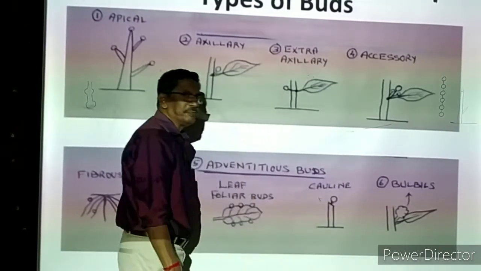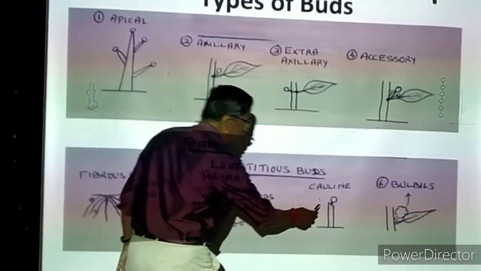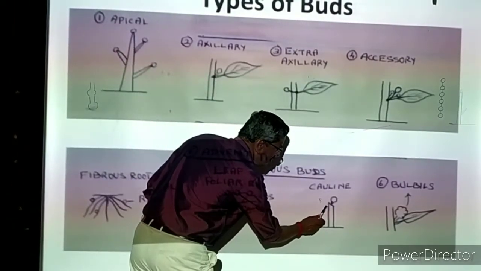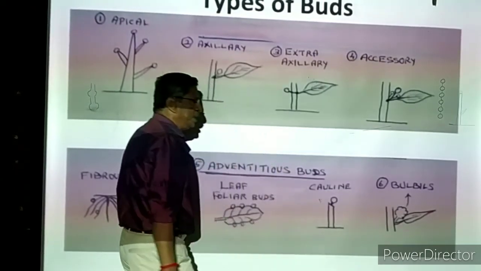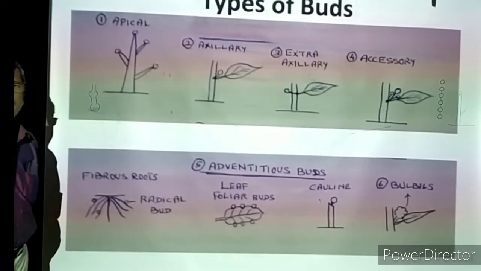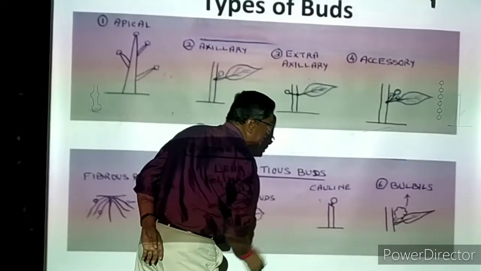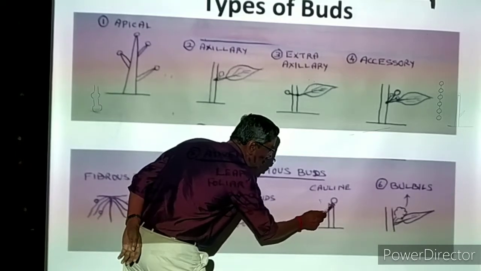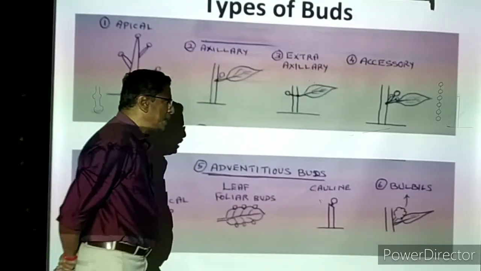This is half of the stem or even 1/3 of the stem. Okay, one stump is there. This is the stump line. But after some time, in some plants, from the cut portion one bud will be growing. From the cut portion one new bud will be growing. But this does not happen in all plants, only in some plants. Such a bud which grows from the cut portion of the stem we can call a cauline bud.